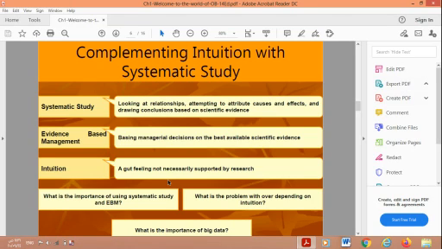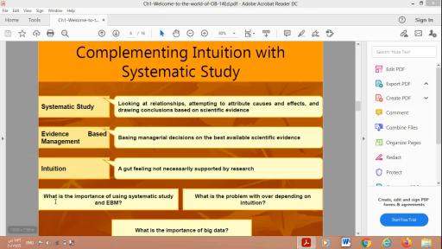Intuition should be added to systematic study and evidence-based management, because if we make all of our decisions with intuition, it means we are working with incomplete information. We cannot say that intuition is an absolutely wrong or inaccurate way to analyze behavior, but it should be added to systematic study and evidence-based management.